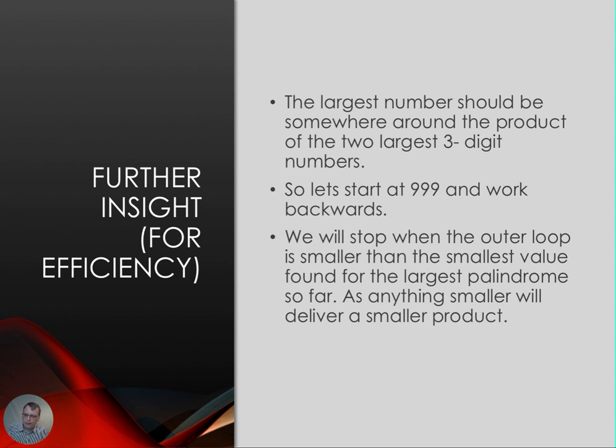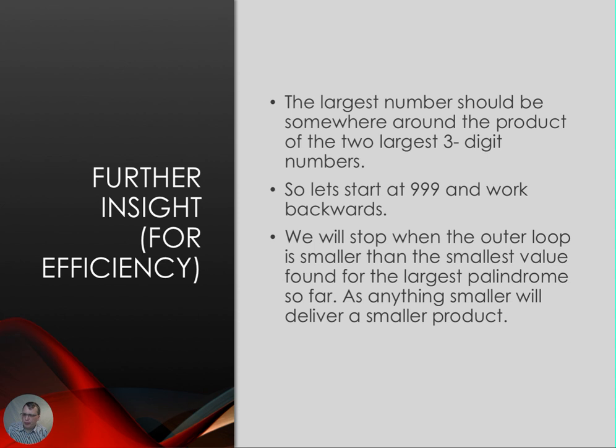So previously we started with the two smallest numbers to try and find the largest palindrome. But clearly, if we start with the largest numbers, we're probably more likely to find the largest number first. So let's start at 999 and work backwards rather than working forwards as we did before.